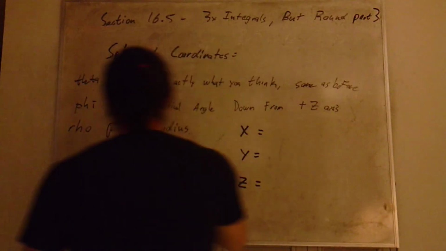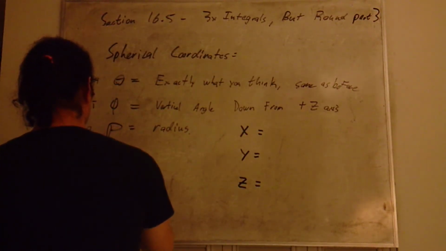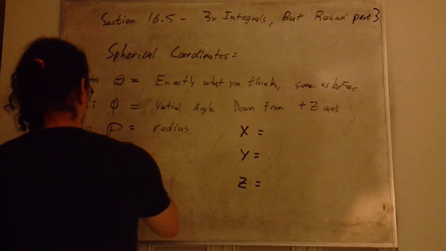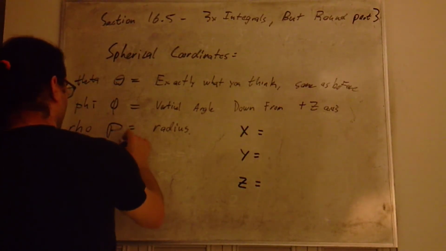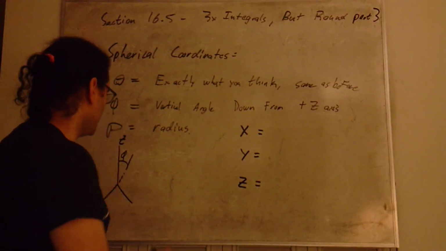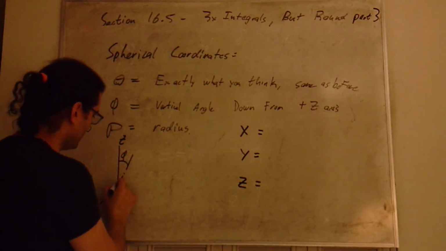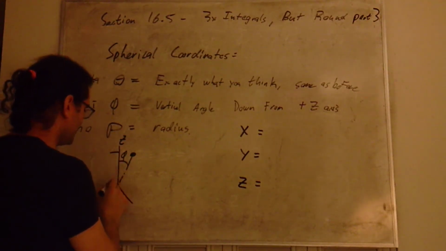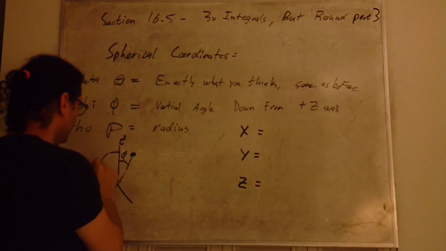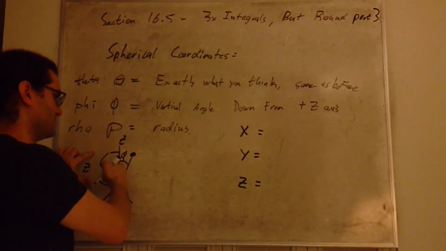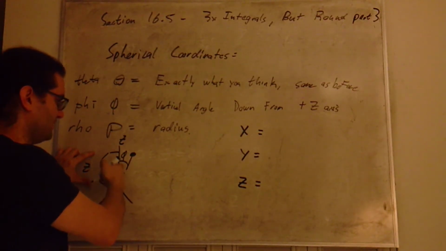So if you have this angle phi coming off of the positive z-axis, that means that this z distance here is the part that is adjacent to this angle phi.